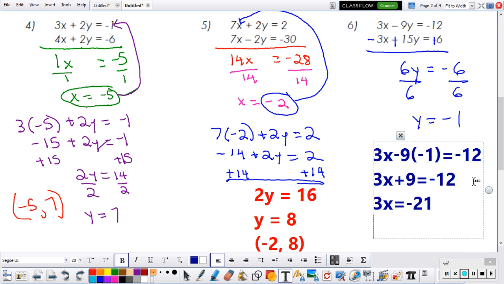Divide both sides by 3, I get x equals -7. So this makes my ordered pair -7, -1, x comma y.